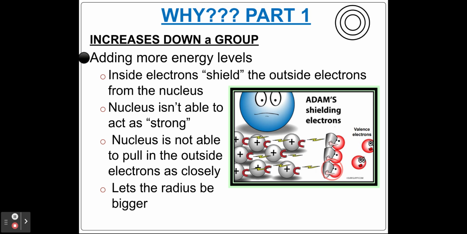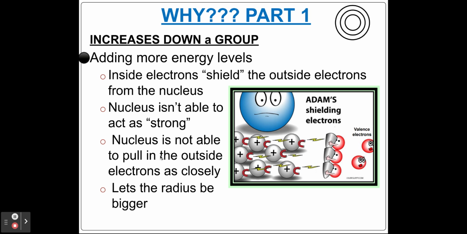Okay, so again, the inner electrons we're referring to here are just the electrons that are not valence electrons. The valence electrons are the outermost shell. Then all the other electrons that are on the inner shells are called core electrons, and therefore they shield or block the attractive force of the nucleus.